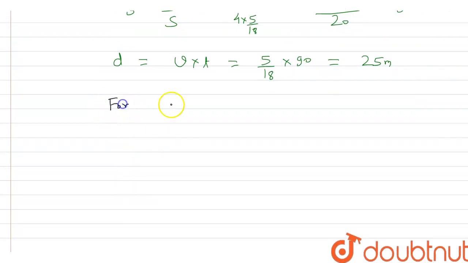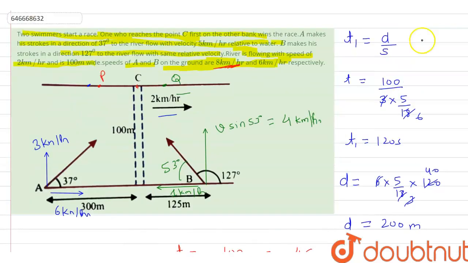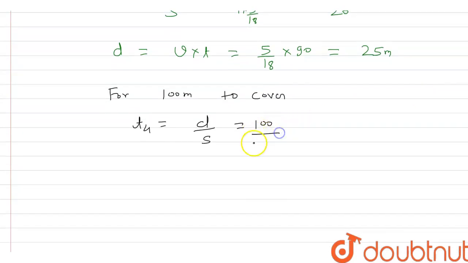So for the 100 meter to cover, let's say this is t4, time is equal to distance upon speed, and distance this time is 100, but since at point Q it reaches the ground, at ground the velocity of B is 6 kilometer per hour, that means 6 into 5 by 18, it is now in meter per second, so 6 times 5 by 18, and this is 100 by 5 into 3, that is 60 seconds.